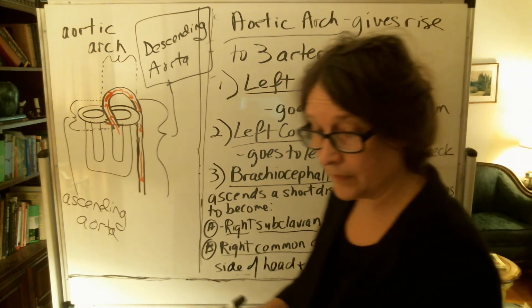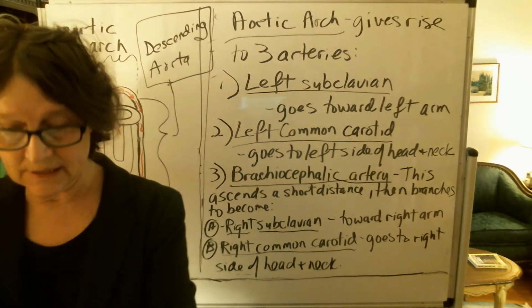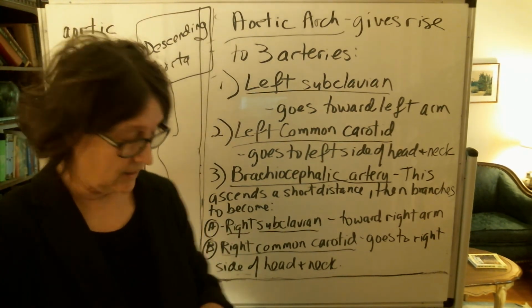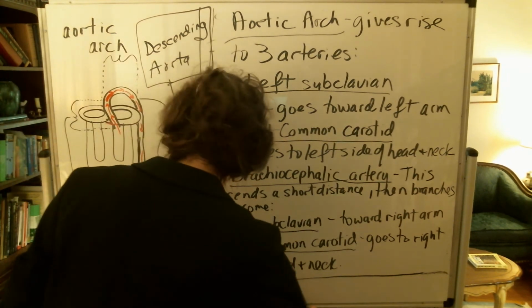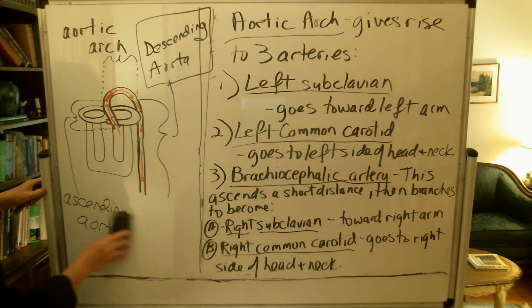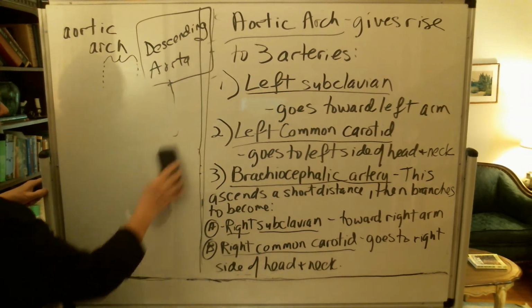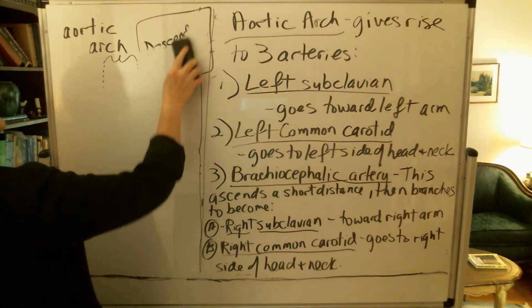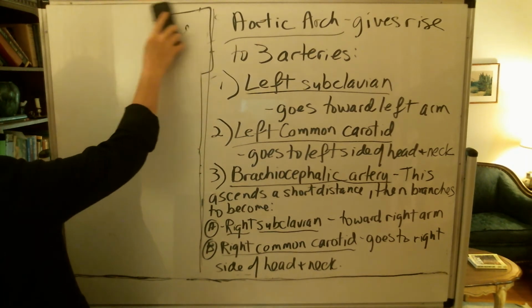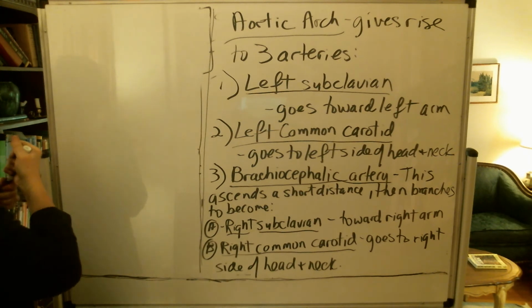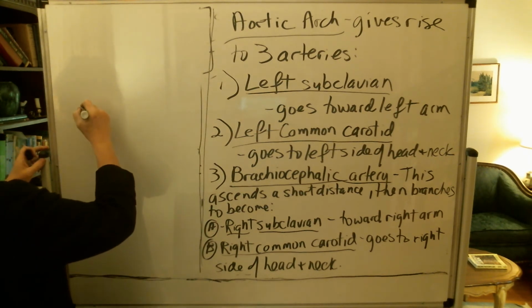So basically what this is telling you is that there is not perfect symmetry here. What you're going to get instead is, at the aortic arch itself, so here we have the aortic arch.